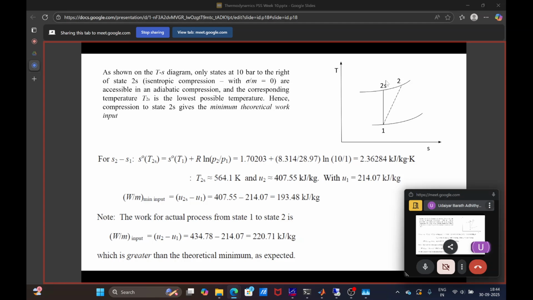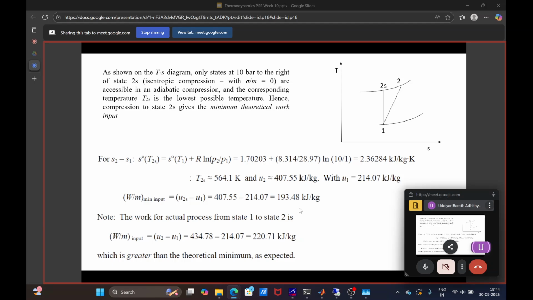So 1 to 2s will lead to the minimum work in this case. So that minimum work is 193.48 kilojoule per kg, and the actual work which happened with the irreversible process is 220.71 kilojoule per kg, and this actually gives you the isentropic efficiency of the compressor.